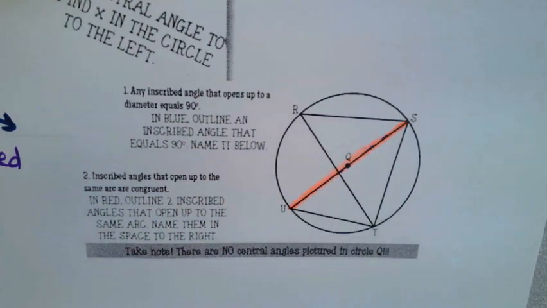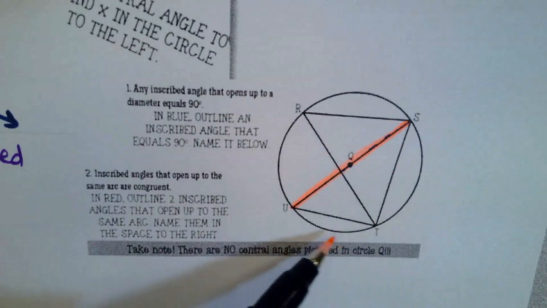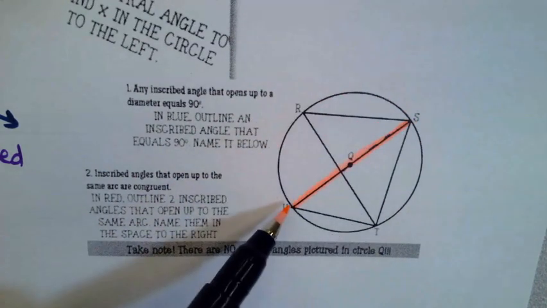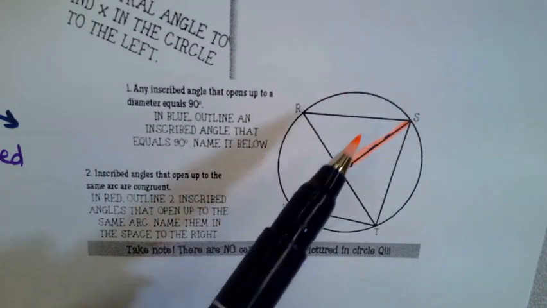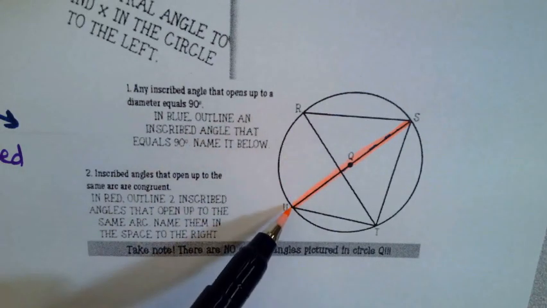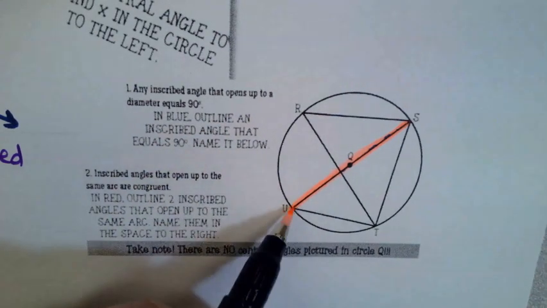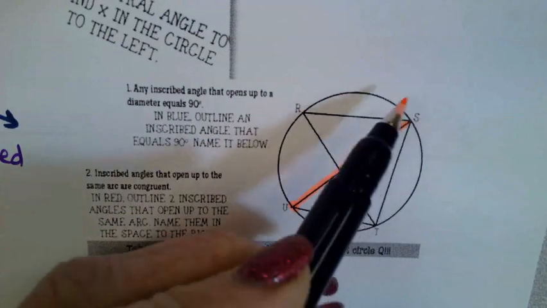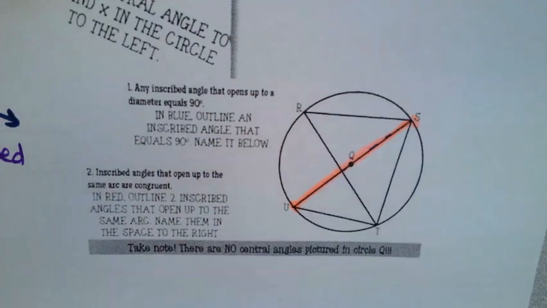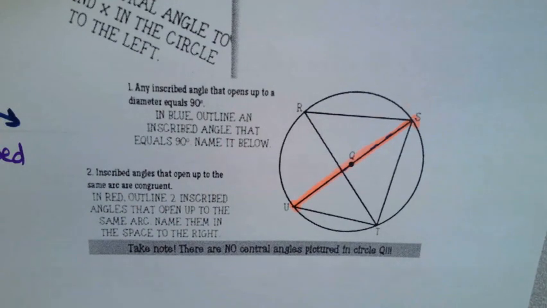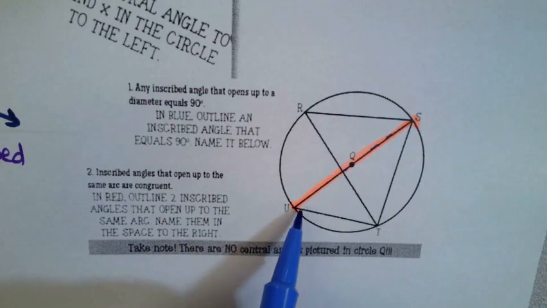US is going through the center, which means that in either direction, the arc is 180 degrees. So any inscribed angle that has its endpoints at U and S is going to also be a right angle because it's half of the arc that it intersects.